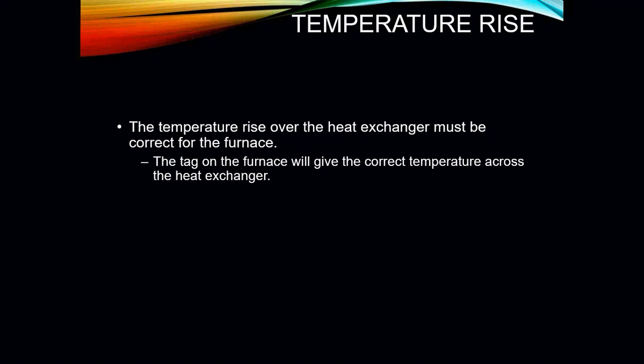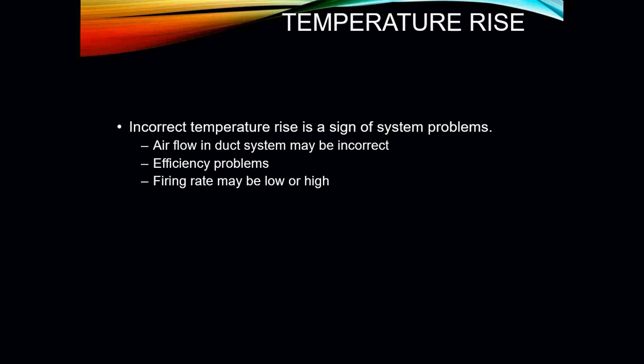It depends on manufacturers. You're going to have to look at this information to see where our temperature rise is supposed to be. And if we are not within that rise, we are going to have to look at airflow. We're going to have to make sure that the blower is at the correct speed so that we can achieve the correct temperature rise across the heat exchanger.